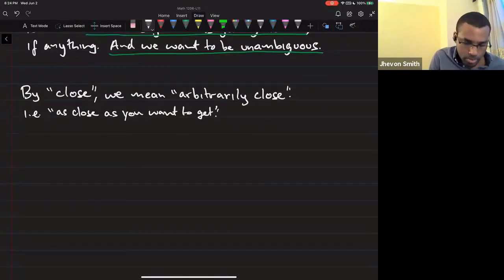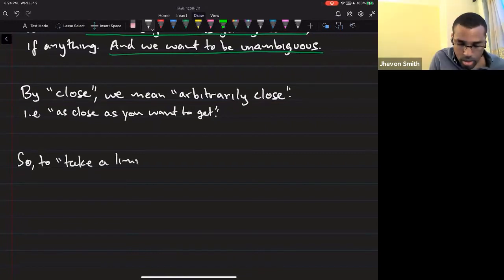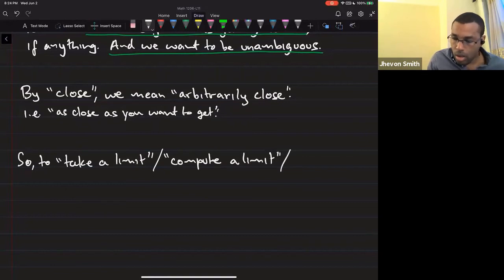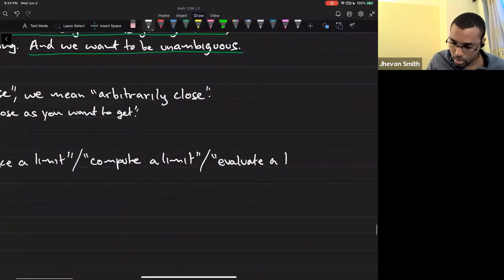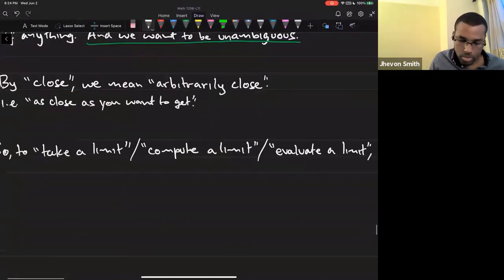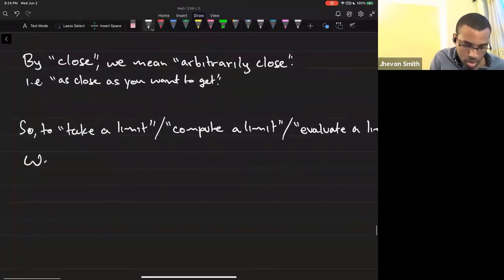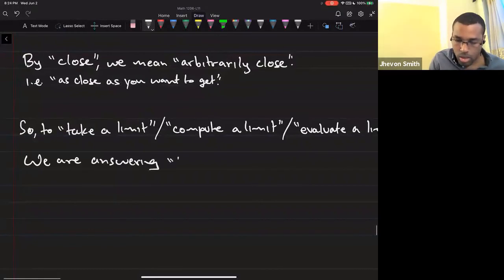So, to take a limit or compute a limit, or you can say evaluate a limit, we are answering what is the y value getting close to.